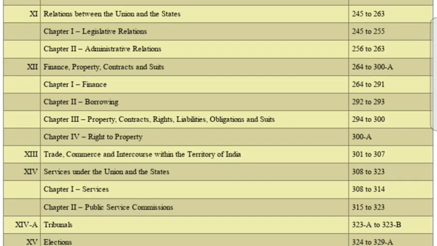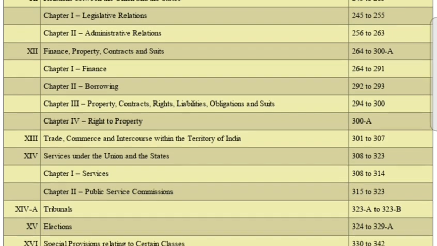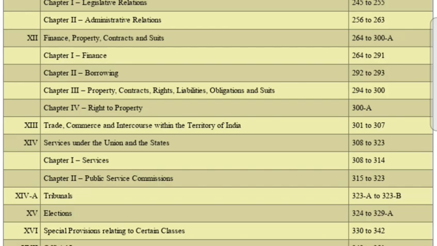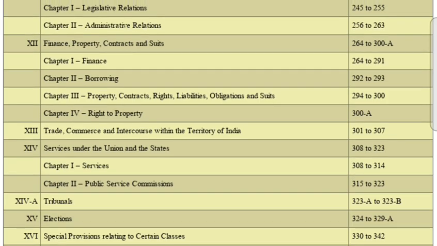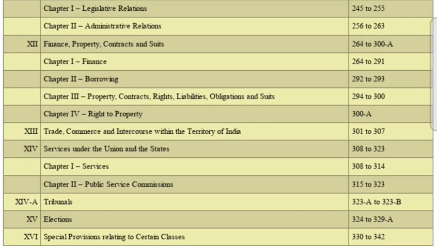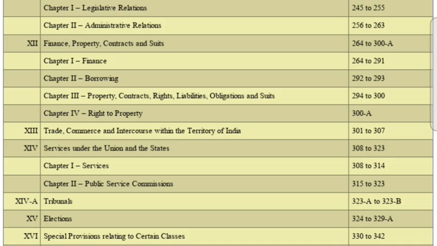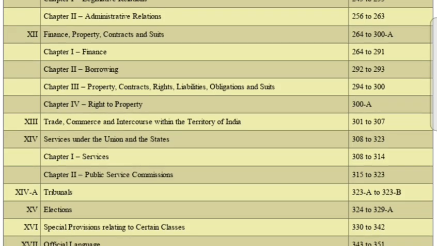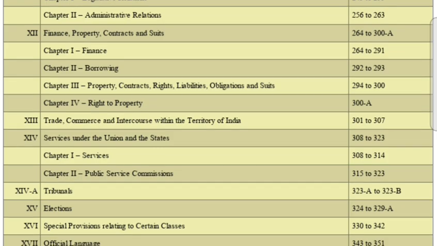Part XII, Finance, Property, Contracts and Suits, 264 to 300A. Chapter 1, Finance, 264 to 291. Chapter 2, Borrowing, 292 to 293. Chapter 3, Property, Contracts, Rights, Liabilities, Obligations and Suits, 294 to 300. Chapter 4, Right to Property, 300A. Part XIII, Trade, Commerce and Intercourse within the Territory of India, 301 to 307.